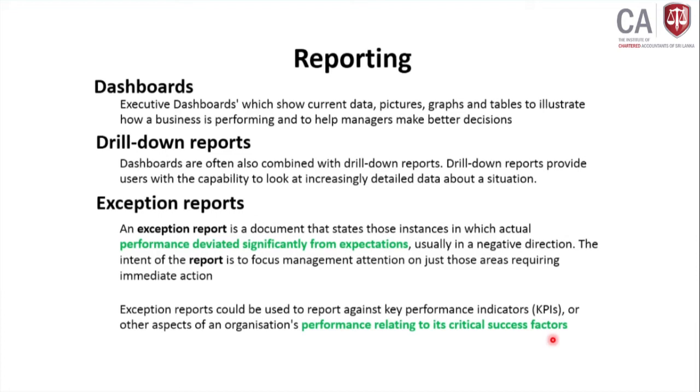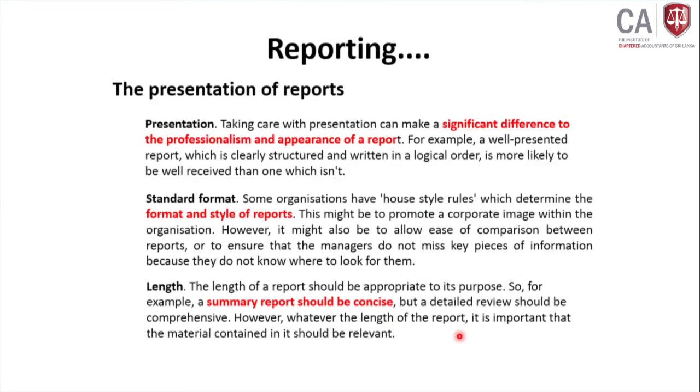So that is related to the exceptional report, and it talks about critical success factors. If the performance is very bad, that is related to the critical success factors of the organization. So that is addressed in these exceptional reports.